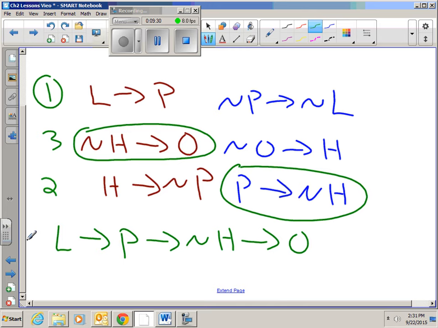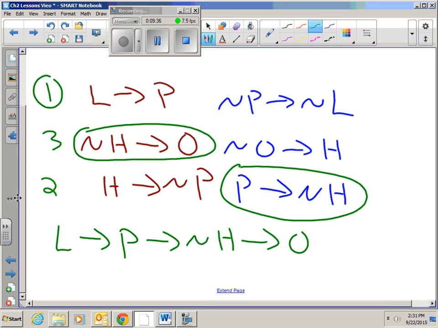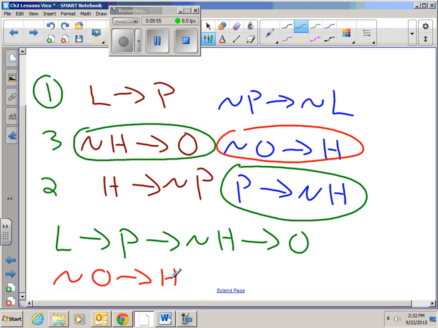Notice we could have also started, in lieu of starting with the L, with the O. So if we had started right here, I'll do this in red. I started with not O, then H. H then goes right here.